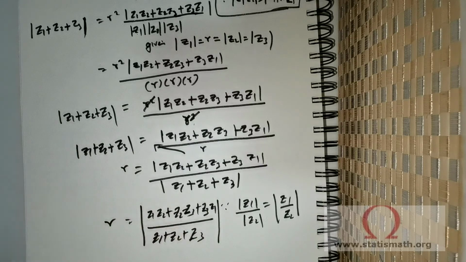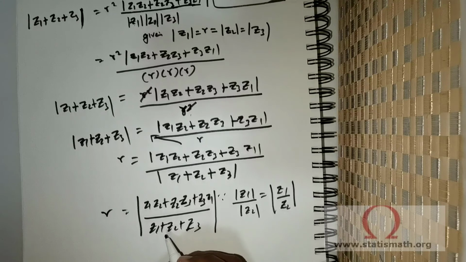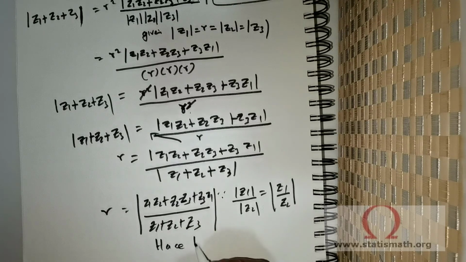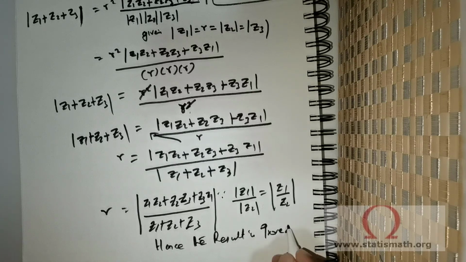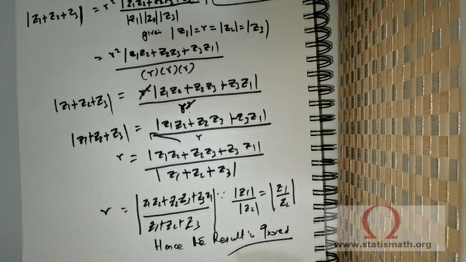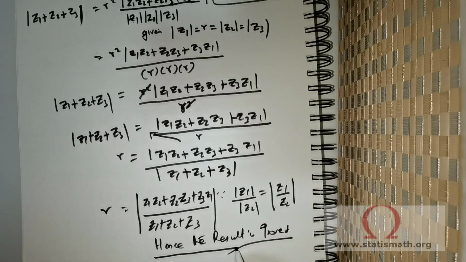On the left it's r. This is what is required. So hence you can state, hence, okay, the result is proved. Okay, so that completes the solution to this question.